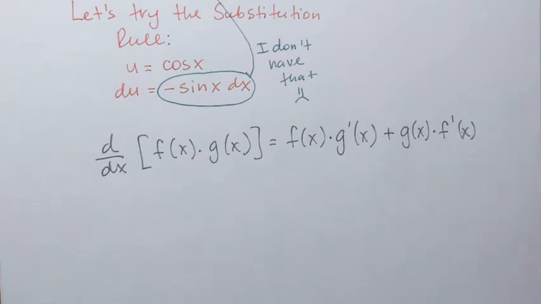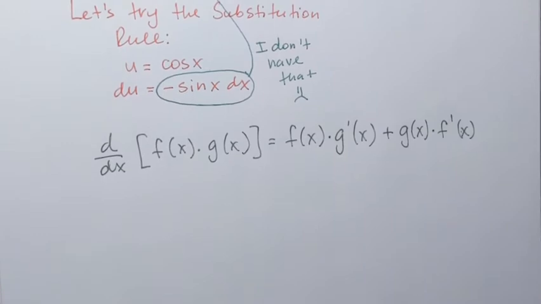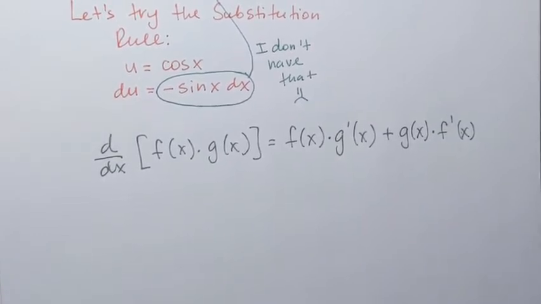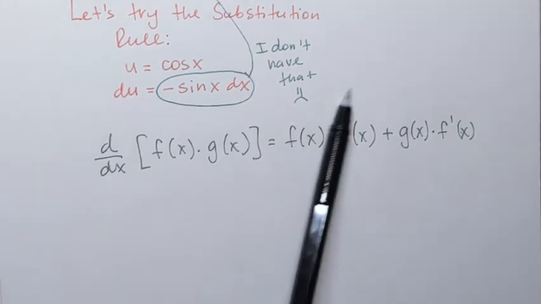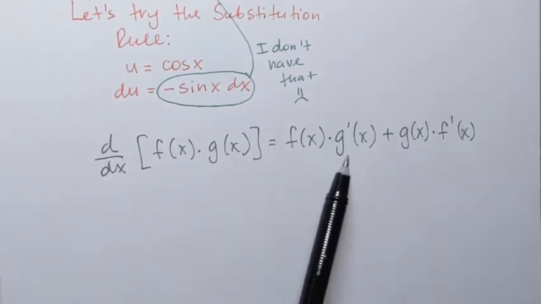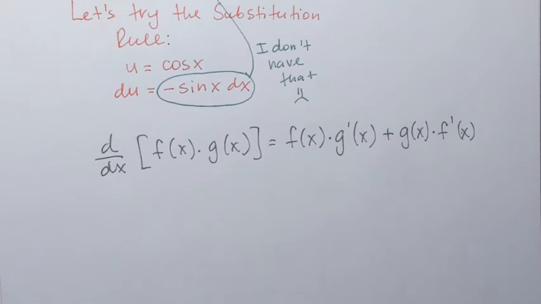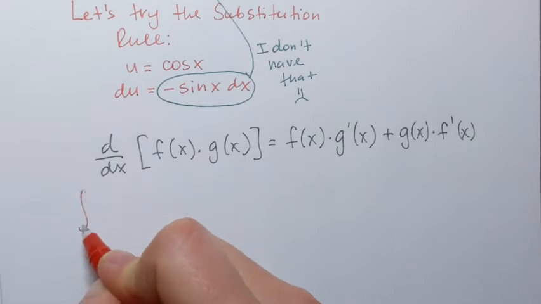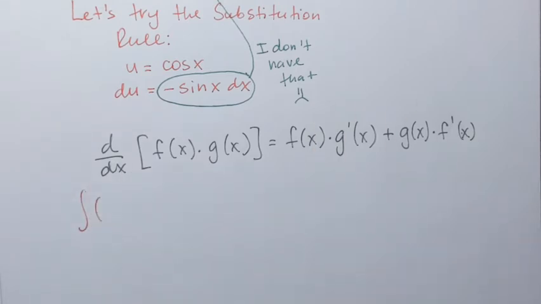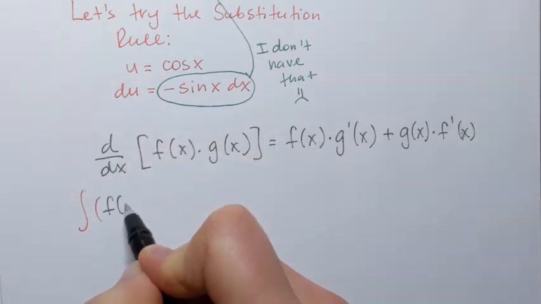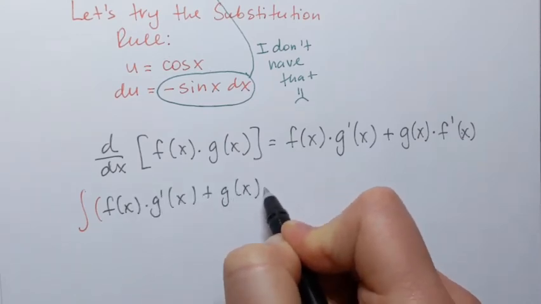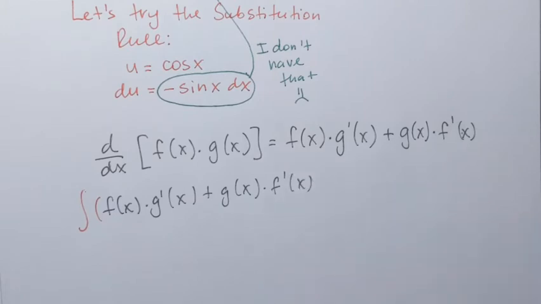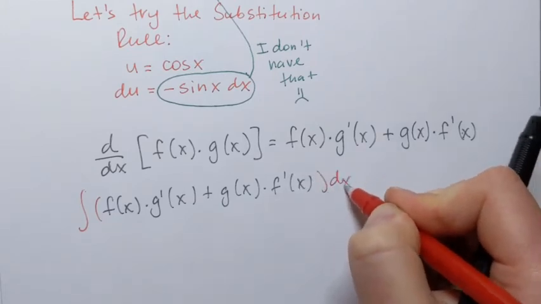Now, what we're going to do from here is integrate both parts of that equality. I'm going to apply the integral to the left-hand side and to the right-hand side. The only thing, I'll switch sides, actually. So I have the integral of the entire right-hand side, so integral of f of x times g prime of x plus g of x times f prime of x dx.